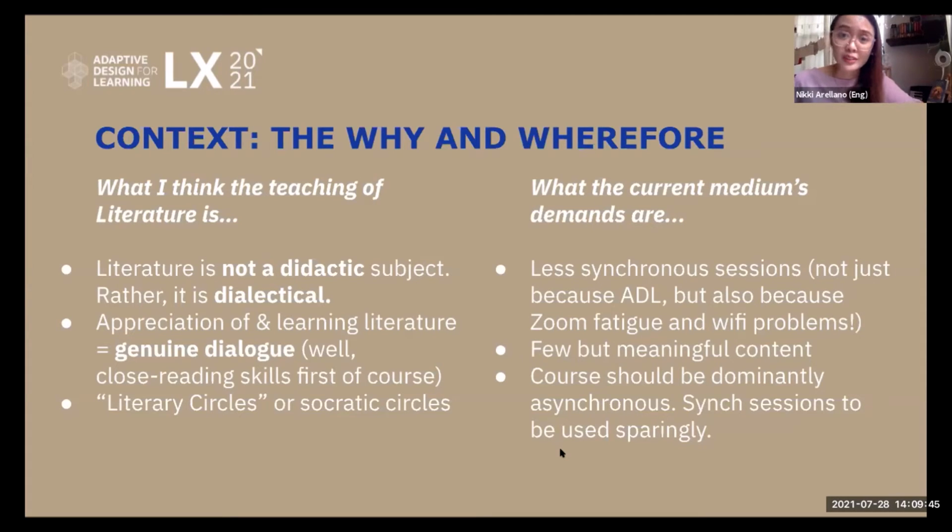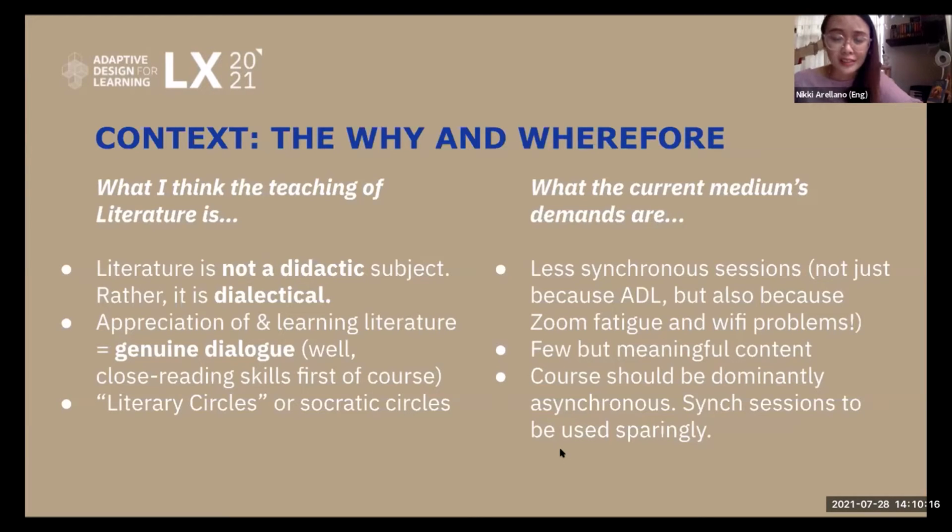Of course, close reading skills have to be there, but a lot of the work is done through literary circles or Socratic circles. That's what I think teaching of literature is. But being thrust into online teaching, there are certain demands of the medium that maybe I cannot fully enforce, these things that I believe in.